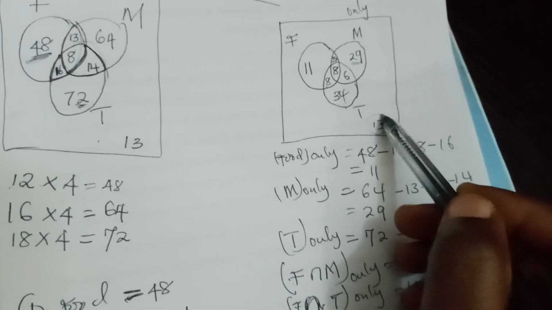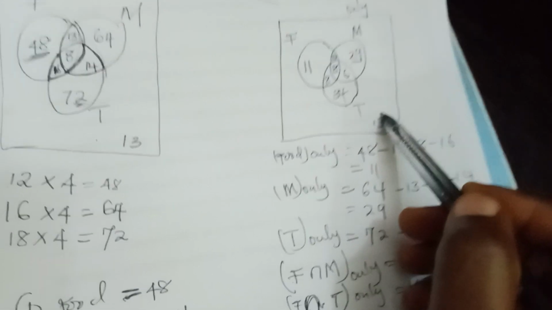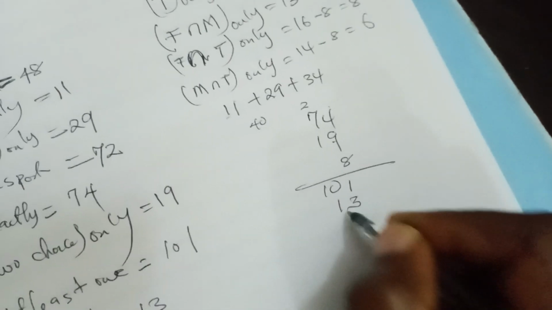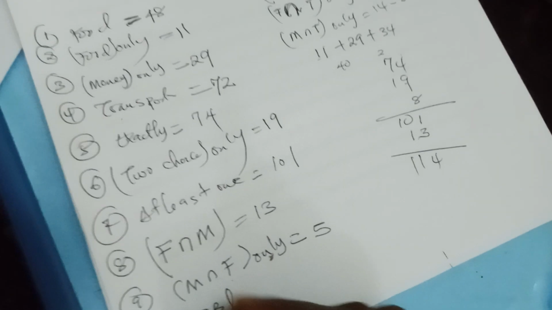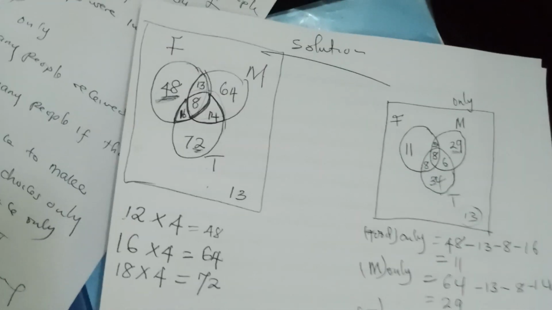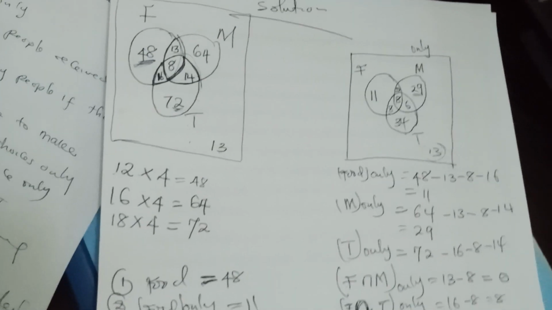They were also interviewed, but they didn't make their choice from the options given, so we are going to add them to the number inside the circle. You can take your time and add everything together. So we have in total 114 people were interviewed.